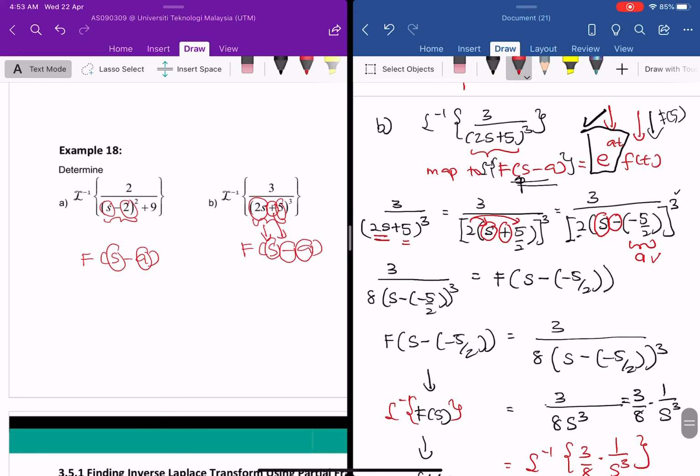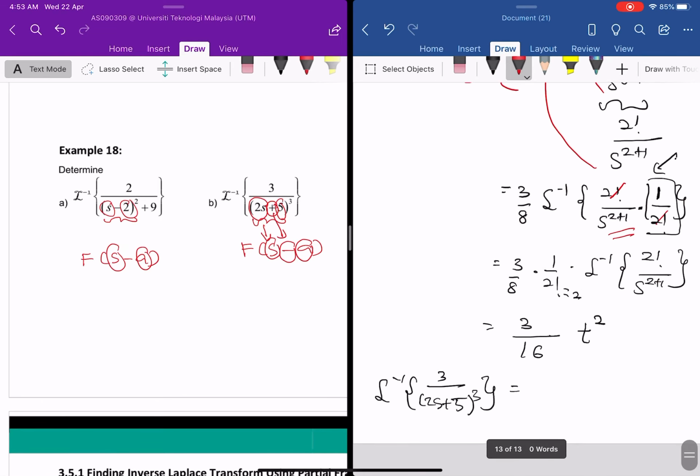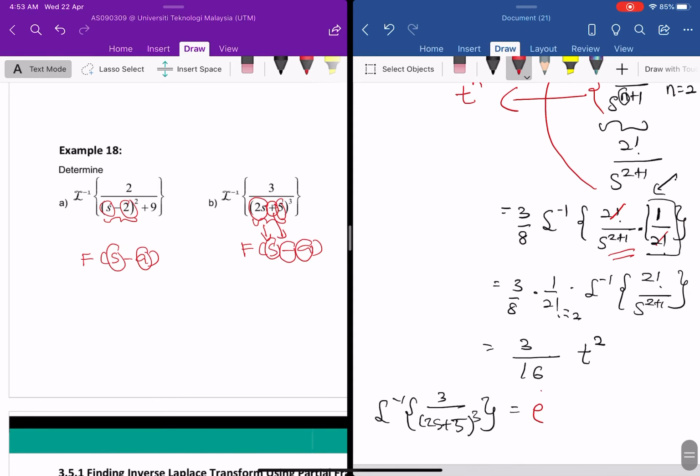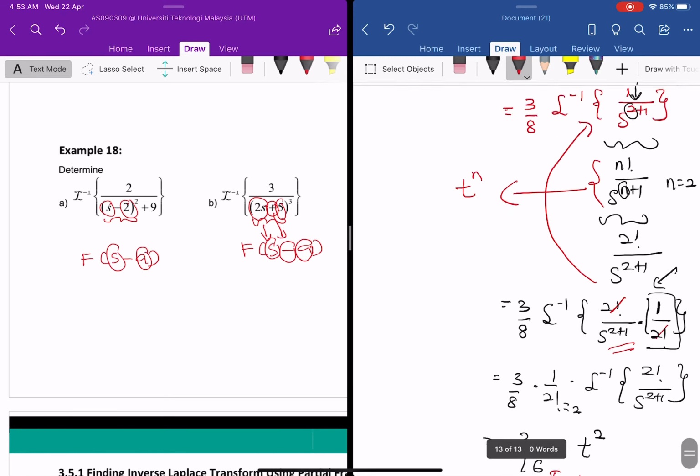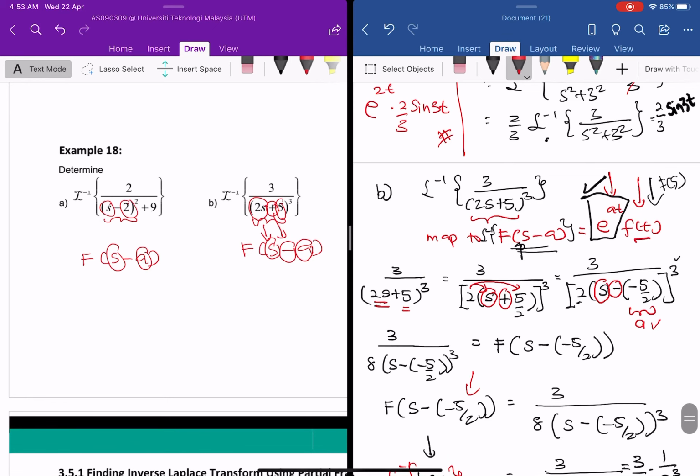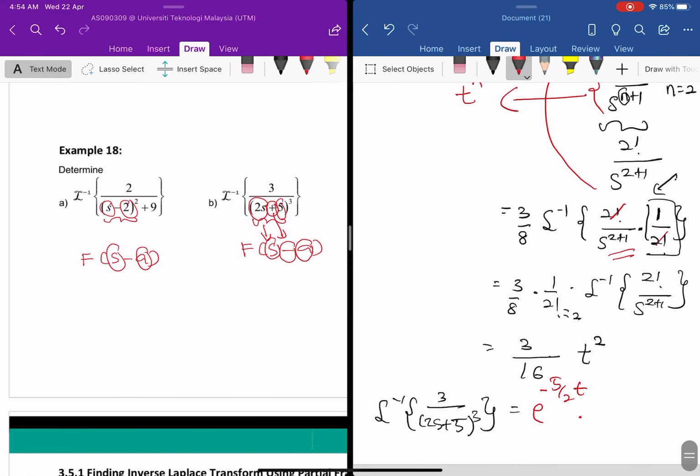Here, your a will be negative 5 over 2. So the final solution will be e to the power of negative 5 over 2 t multiplied with f(t). You already obtained f(t) here, so multiply with 3 over 16 t squared. That's all.